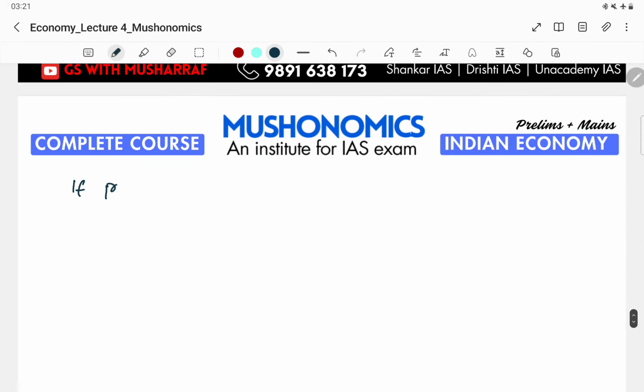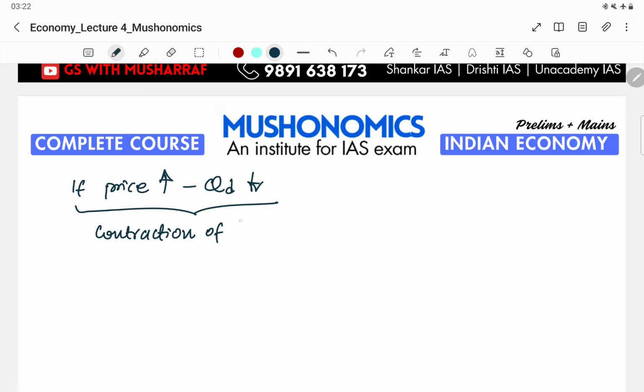So if price is increasing, quantity demanded decreases, and if we are moving along the demand curve only, this is known as contraction of demand. Just for prelims purposes, we are discussing these terminologies that can be asked.